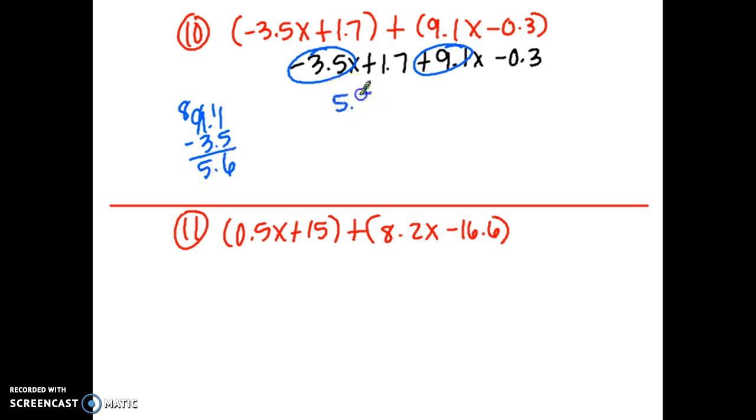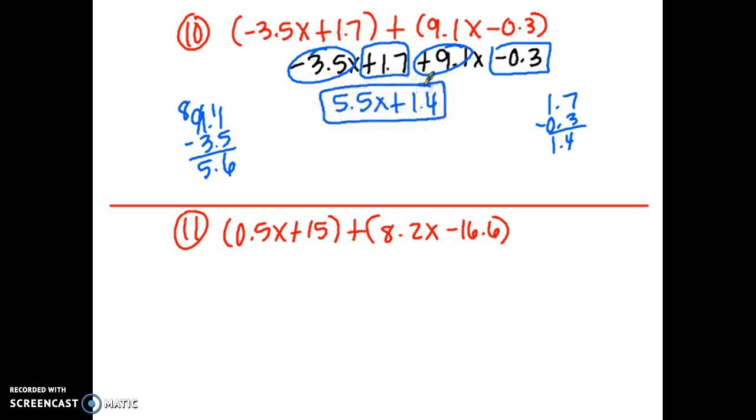My bigger number is positive, so my answer is positive. 1.7 minus 0.3 is 1.4, and it's positive. 5 5/10 x plus 1 4/10.